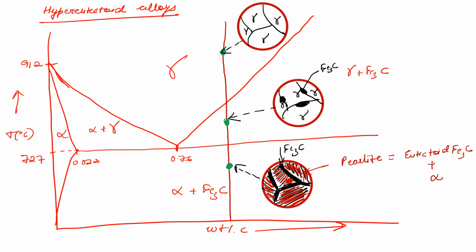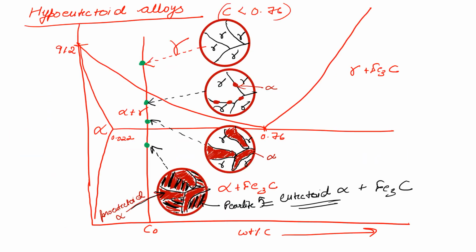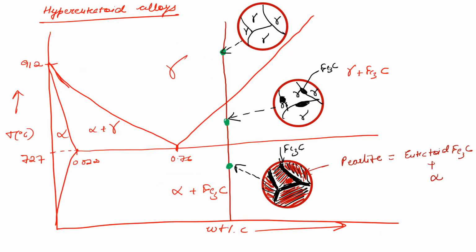Alpha will suddenly start to form. Okay, so these are the different phase fields we have for hypoeutectoid and hypereutectoid alloys. So mainly the difference lies in the composition, which position it has relative to this 0.76 eutectoid.